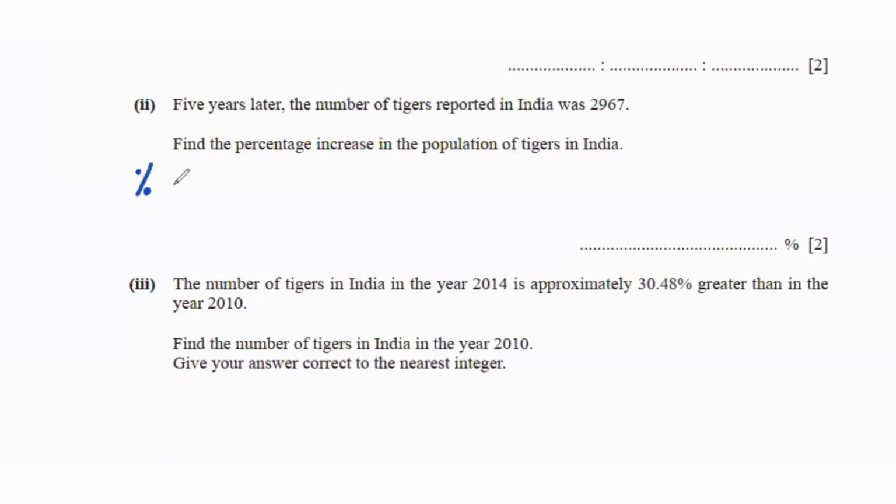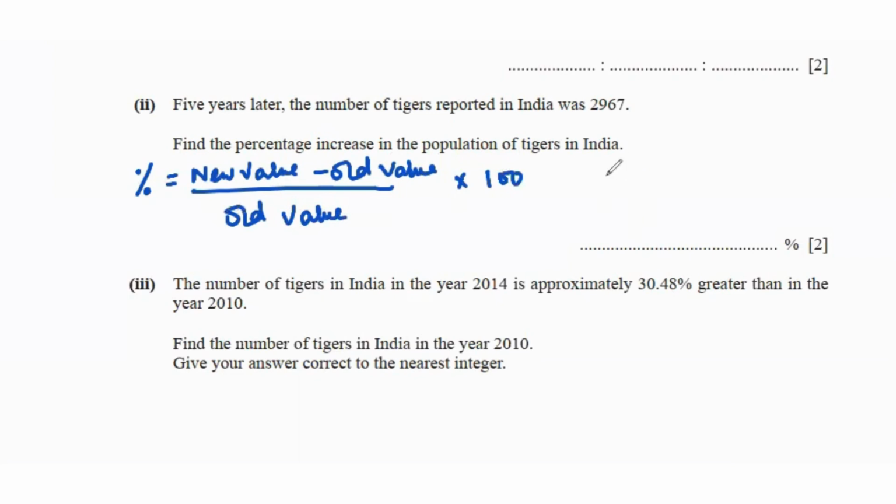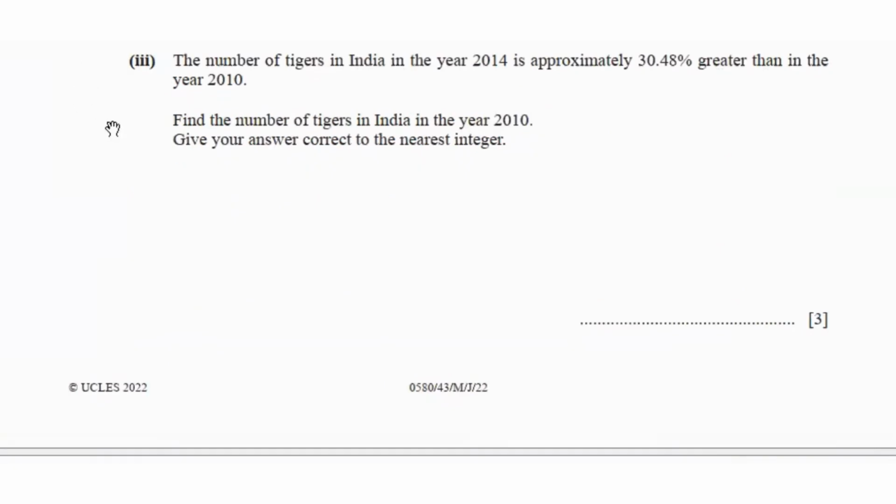So percentage increase is going to be your new value minus old value divided by old value times 100, which is basically 2,967 minus 2,226 divided by 2,226 times 100, and that will give you 33.3%.